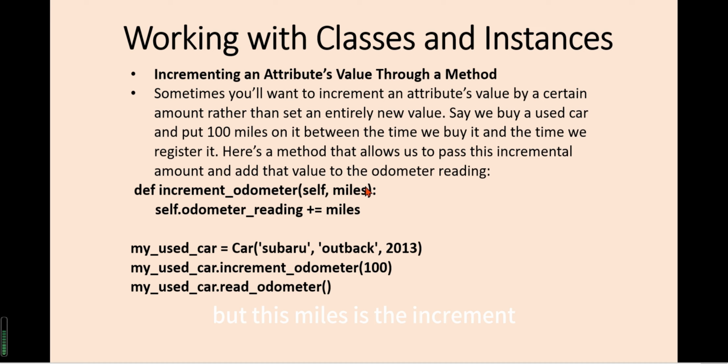This miles is the increment information the user wants to input when using this instance after it has been created. So outside of the class, we can make an instance called my_used_car, a Subaru Outback 2013. Then we can increment the odometer reading with 100 miles. Then we can read again.